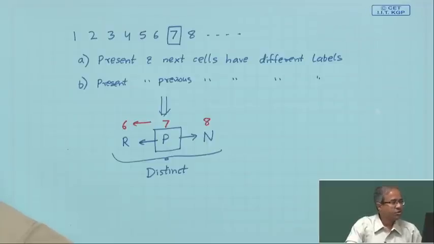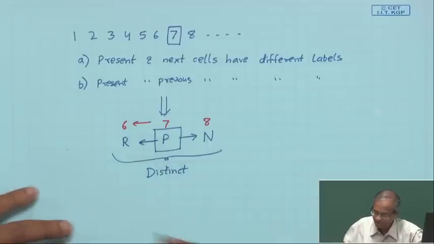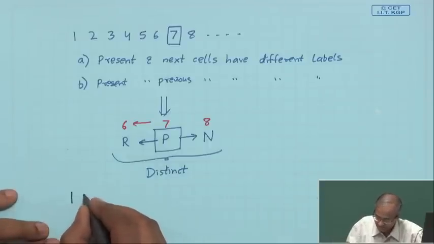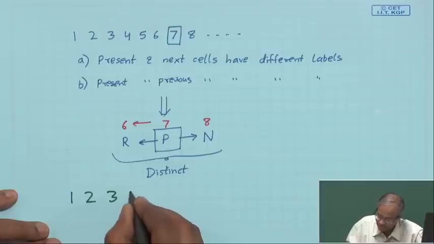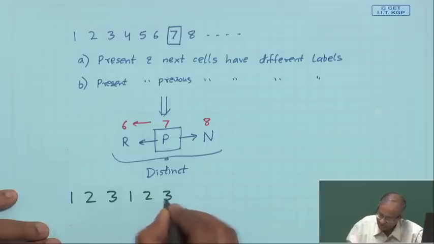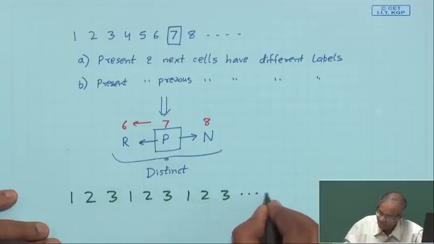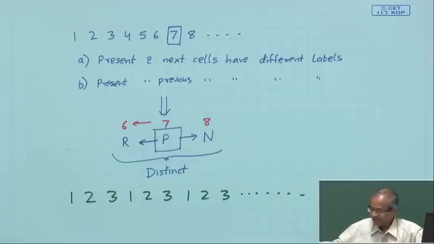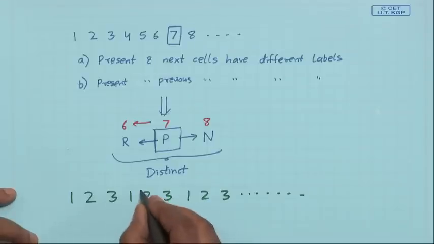Now, the first alternative that we talk about here is that, instead of 1 2 3 4 5 6, let us say we use a numbering scheme like this: 1 2 3, again 1 2 3, again 1 2 3. In this order we go on numbering the cells. Here you look at some of the properties. You take any arbitrary number, let us say this 2.